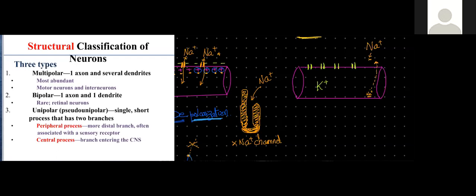And once you open those potassium channels, the potassium will be moving from its high concentration inside the cell to its lower concentration outside of the cell. So potassium here is going to be moving down the concentration gradient. This is potassium efflux. I am moving out of the cell.